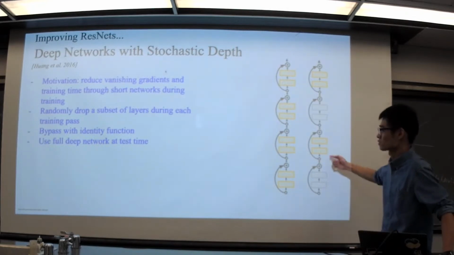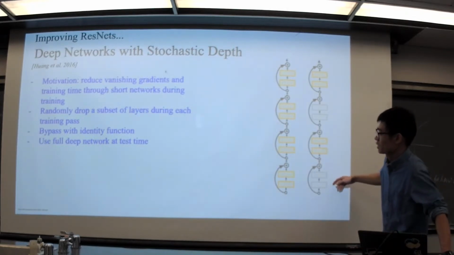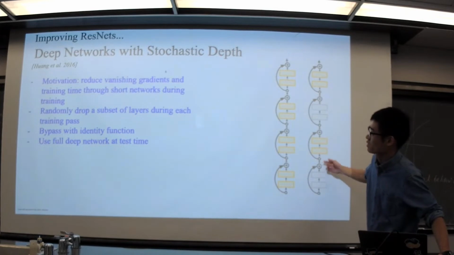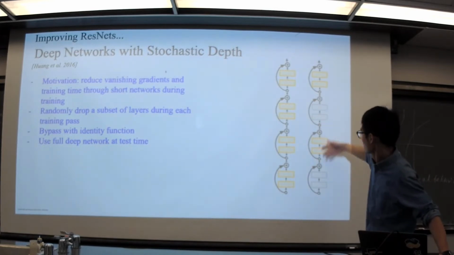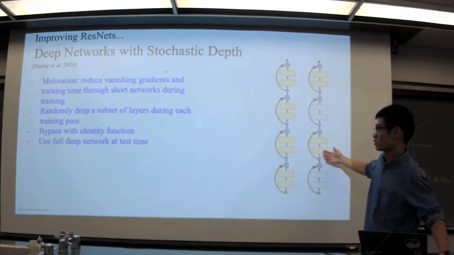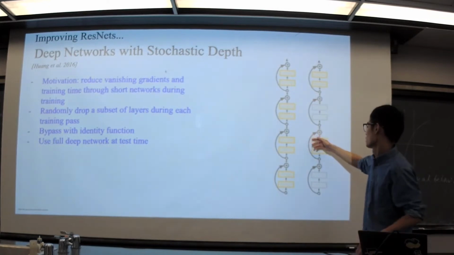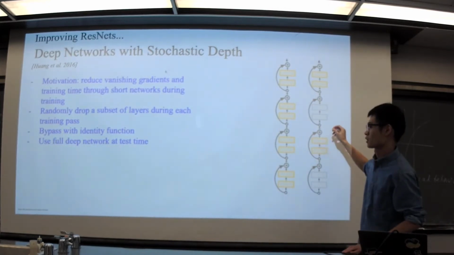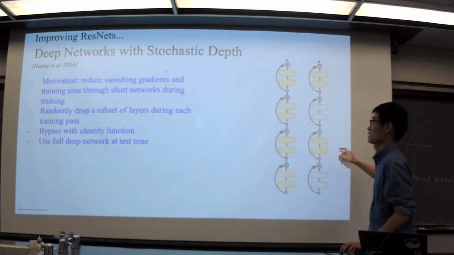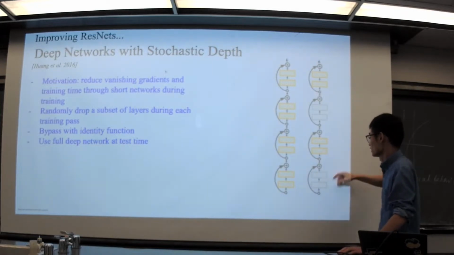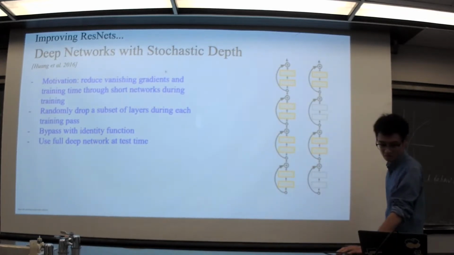It's like using dropout. It randomly drops some subset. Like dropout, if you remember, dropout drops some kernels in a layer. This one drops some blocks in the network.